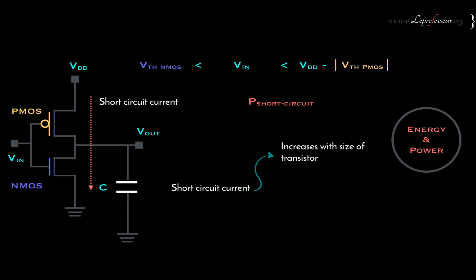So if you have a bigger area, a bigger transistor, which we may need for many different reasons in the chip, the short circuit current increases with the size.